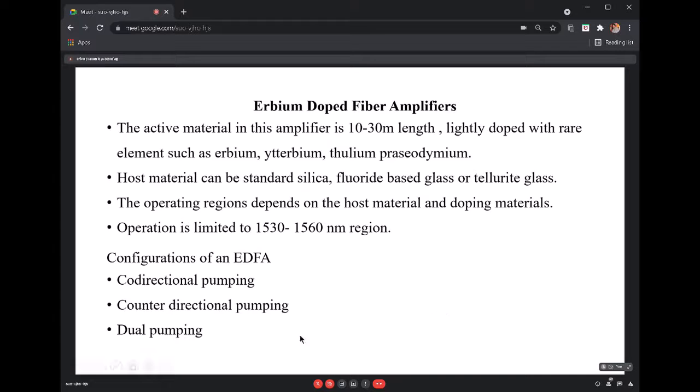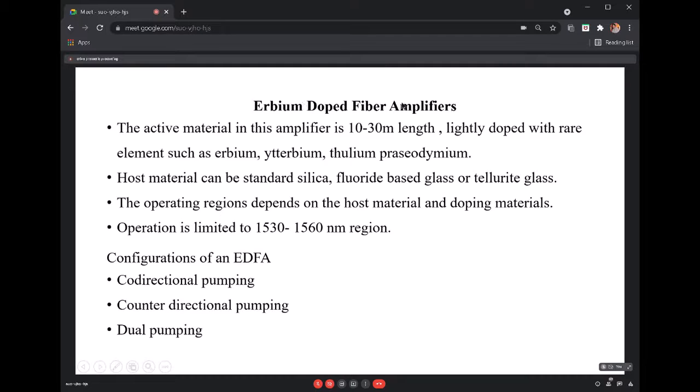So here the operating region depends upon the material which you are going to use. Based upon that, it operates in a particular region. The active materials which we are lightly doping generate a large number of electrons, whereas the host material decides in which region it operates.